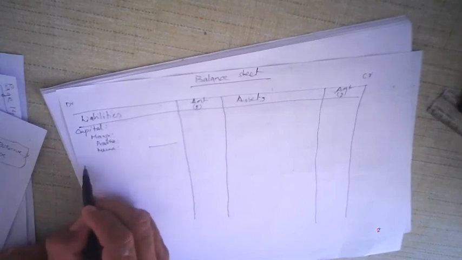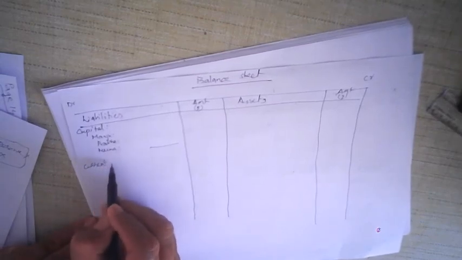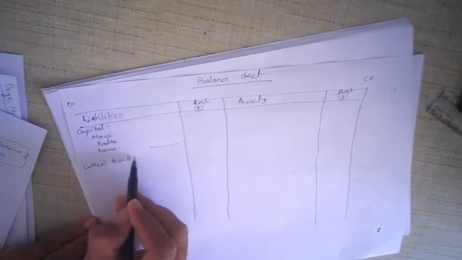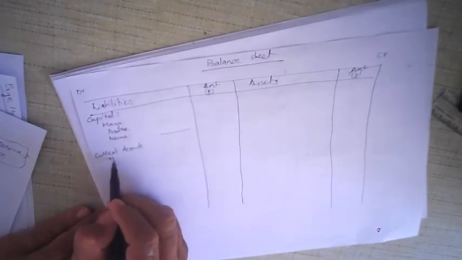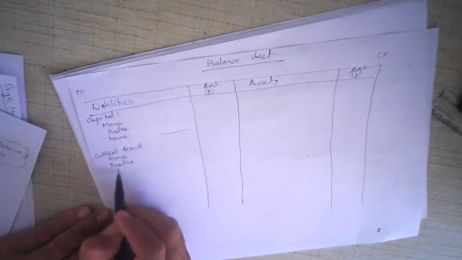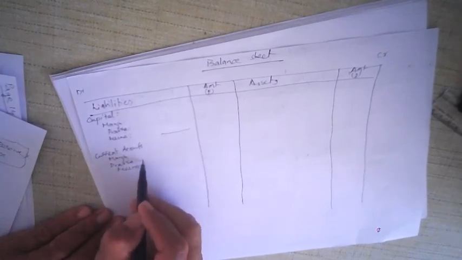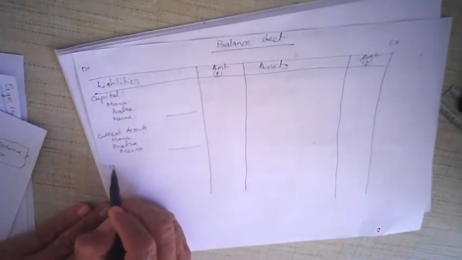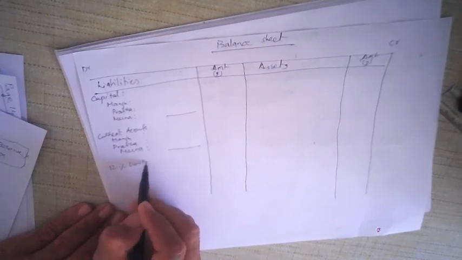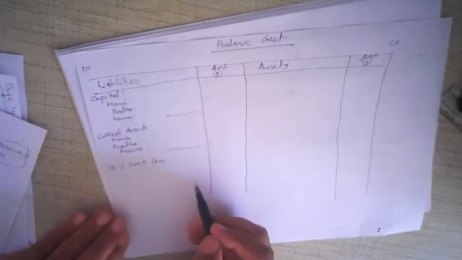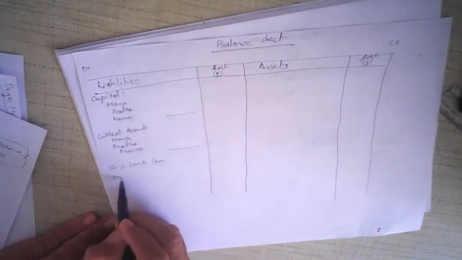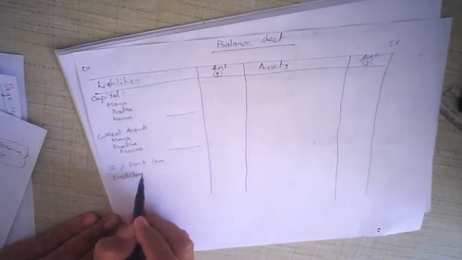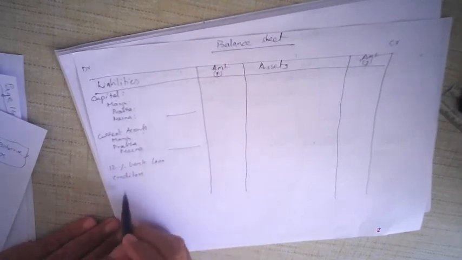Then current accounts, again all three individuals, Manju, Prabha and Meena. Then their amount total. Then afterwards 12% bank loan. And then creditors. After creditors, bills payable.